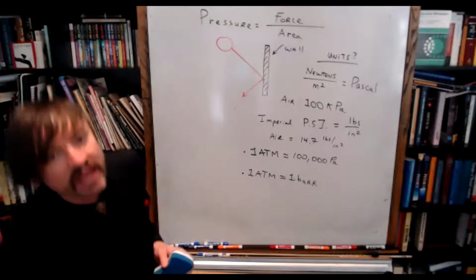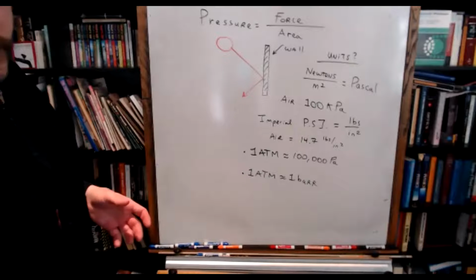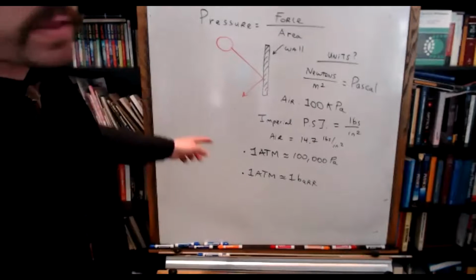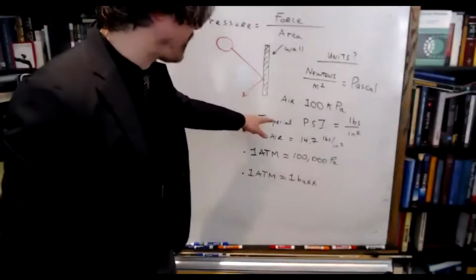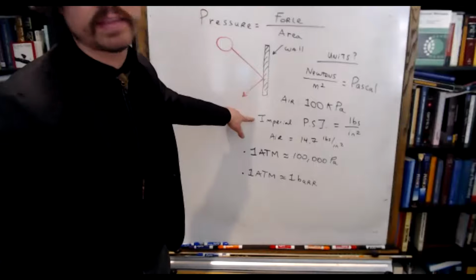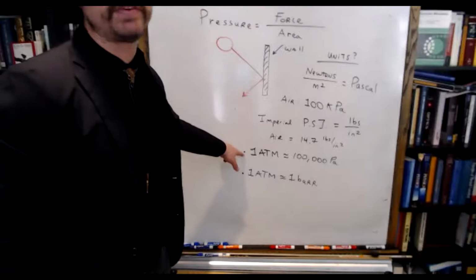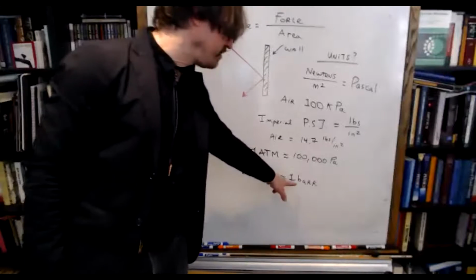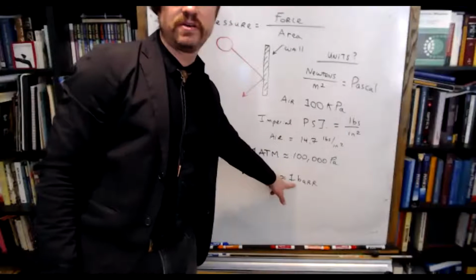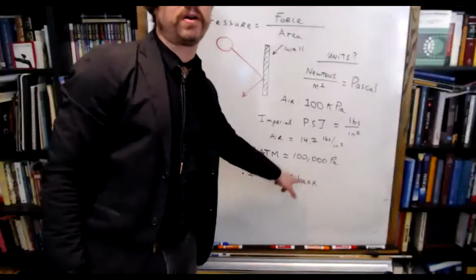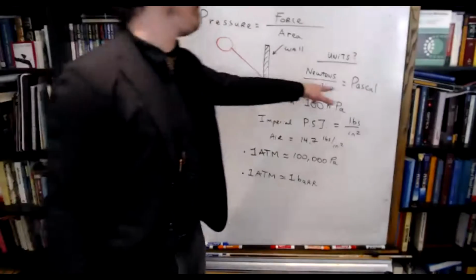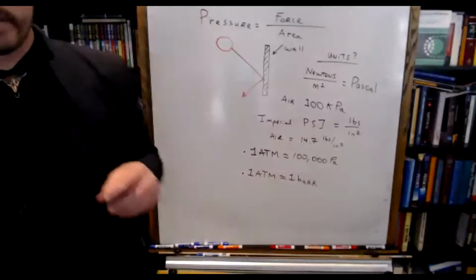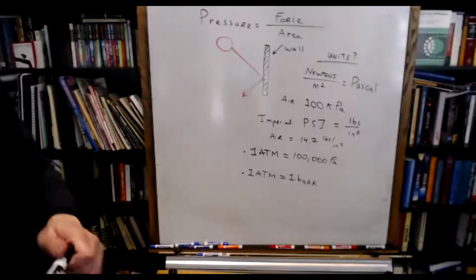So depending on who is talking about the pressure, you'll hear a variety of different units. When you talk to your auto body mechanic, they're going to say, oh, PSI. When you talk to a planetary scientist, they usually measure them in atmospheres. When you talk to a meteorologist, they might measure pressure in bars, and a physicist will measure them in pascals. But all these units can be converted between each other.